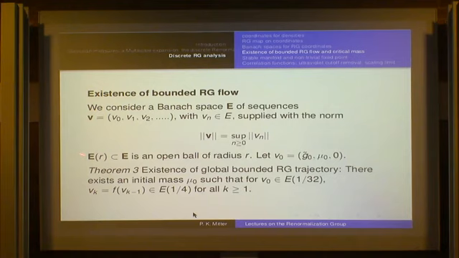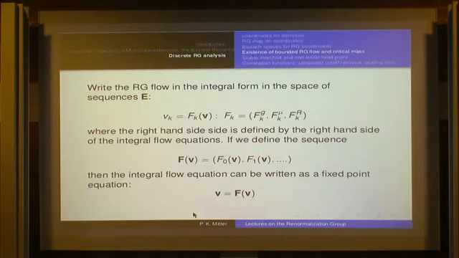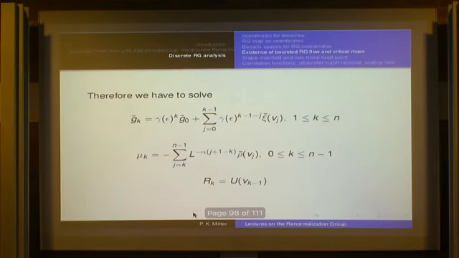You write the renormalization flow in integral form, as I said. Vk is Fk. F has components: G component, mu component, R component, where the right-hand side is defined by the flow integral equations. These things over here.